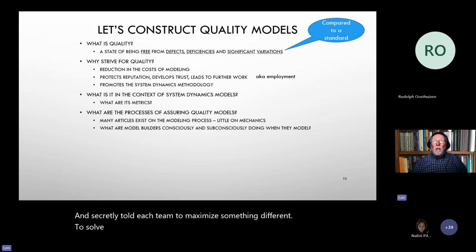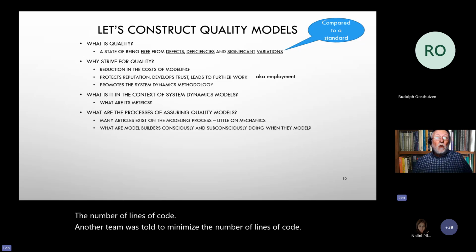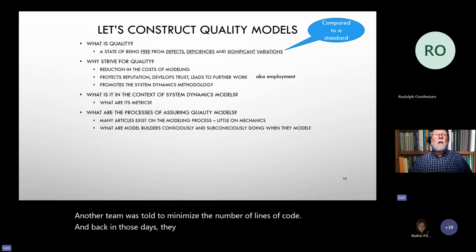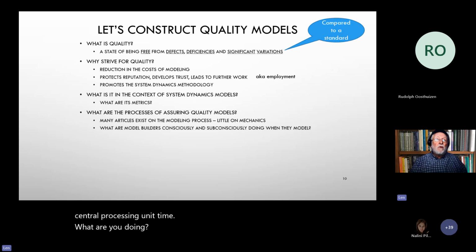One team, for example, was told to maximize the number of lines of code. Another team was told to minimize the number of lines of code. And back in those days, they were actually told to minimize the CPU, central processing unit, time. What are you doing? What are your team members doing, either consciously or subconsciously?